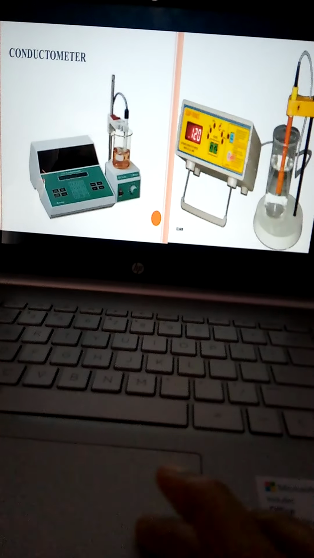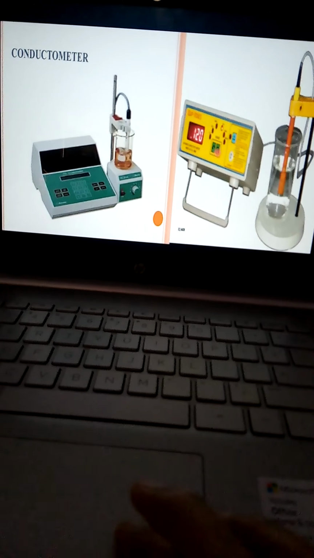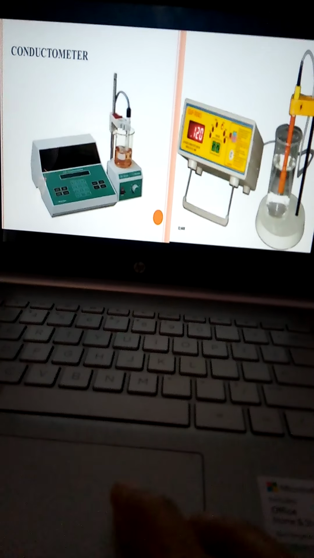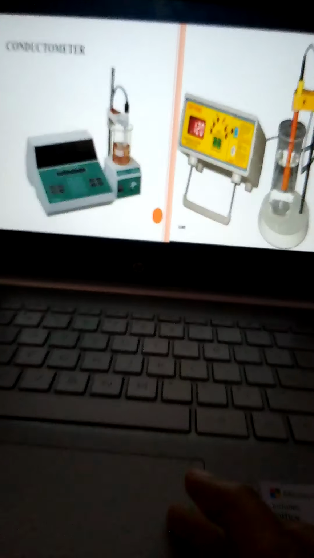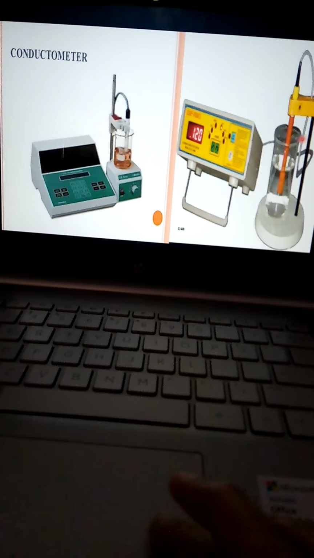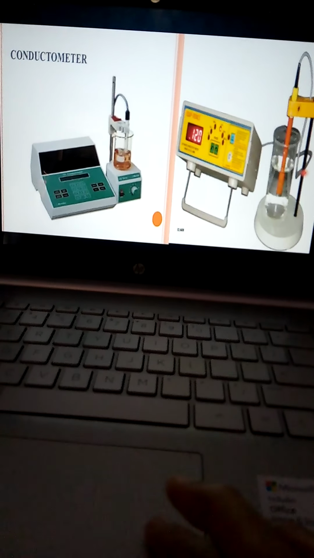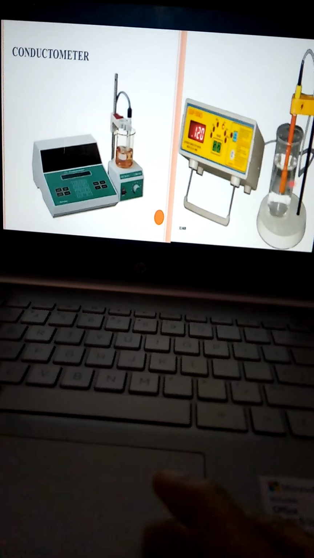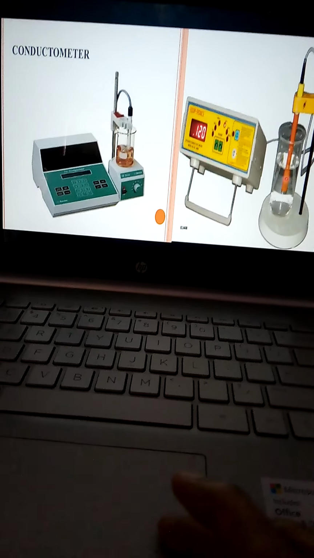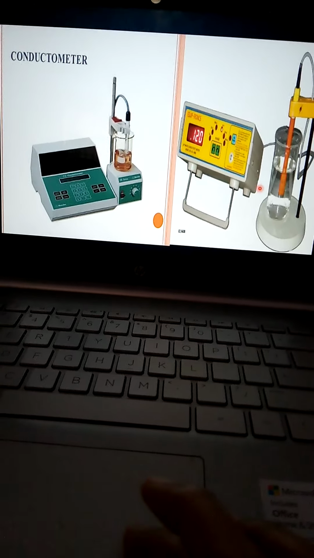The addition of NaOH is continued up to 5 to 6 readings. That means first you add 0.5 ml of NaOH, then 1 ml, 1.5 ml, 2 ml, 2.5 ml, like that. Take 5 to 6 readings. Then you will get an end point.